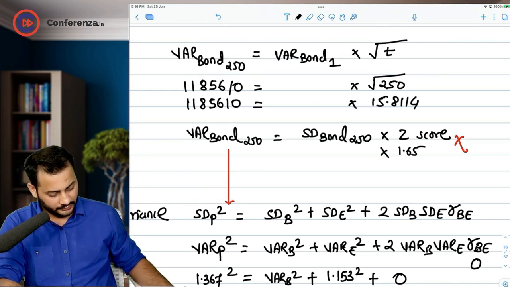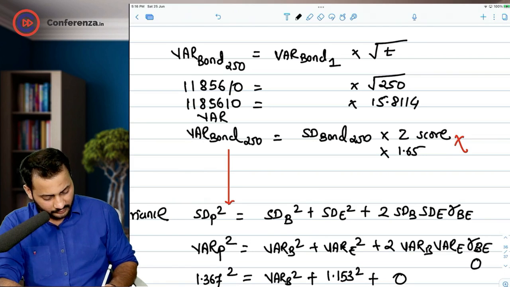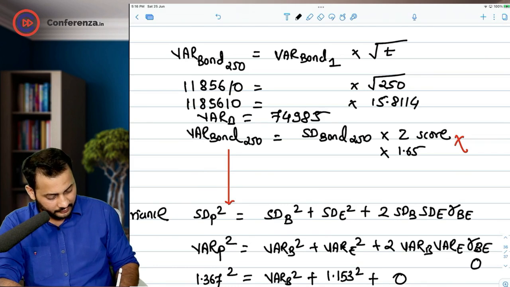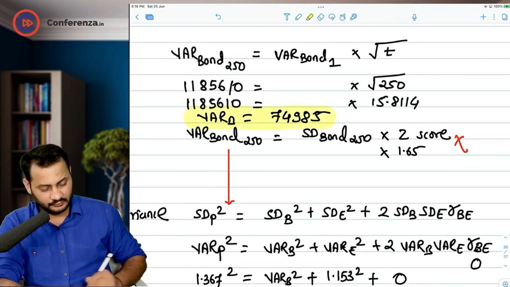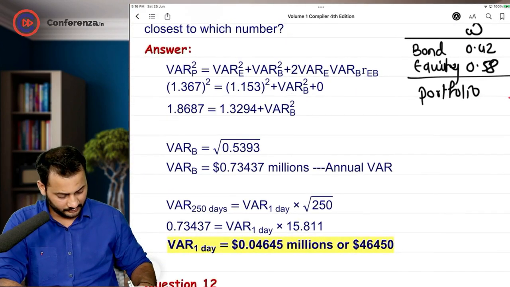So 1185610 divided by 15.8114 gives you VAR of the bond as 74,985. Did you understand now how we calculated this? Just have a look.